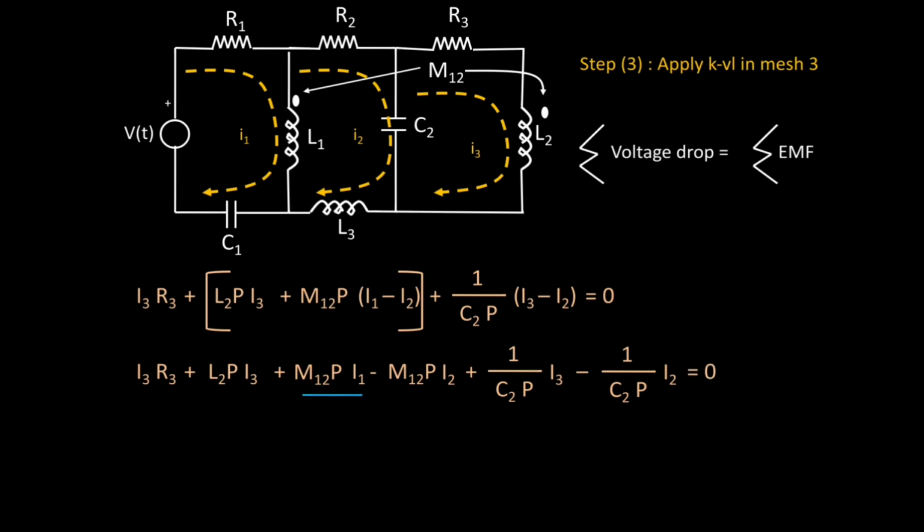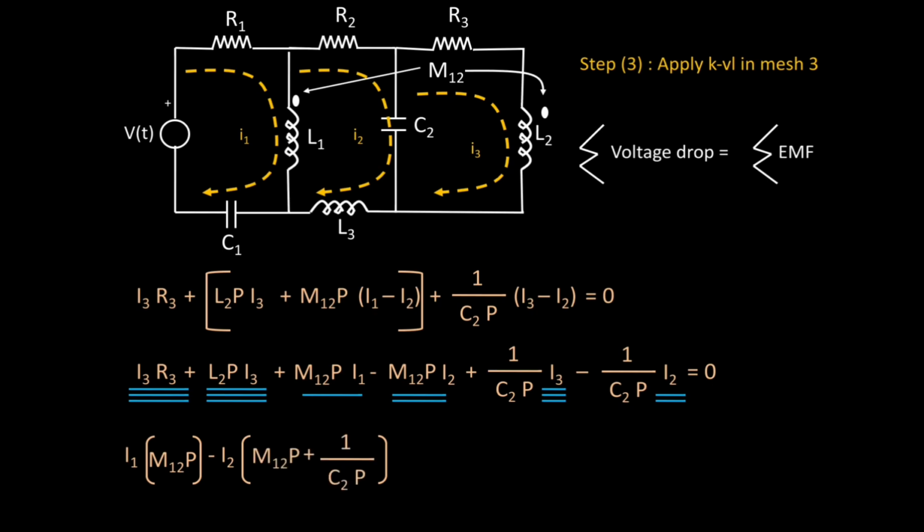Now again collecting the terms of I1, I2 and I3, if we take I1 as common, in the bracket we will have M12P, then taking minus I2 as common, in the bracket we will have M12P plus 1 upon C2P, and if plus I3 is taken common, then in the bracket we will have R3 plus L2P plus 1 upon C2P is equal to 0. So now this is equation number 3.